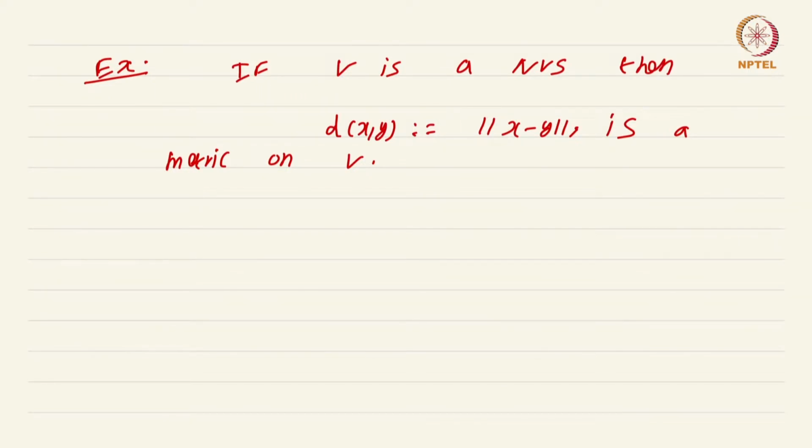It plays no role in the definition. If V is a normed vector space, then d(x,y) defined by norm x minus y is a metric.